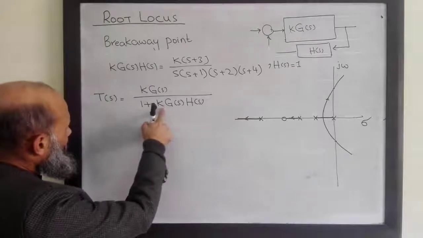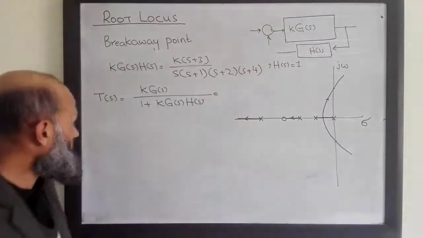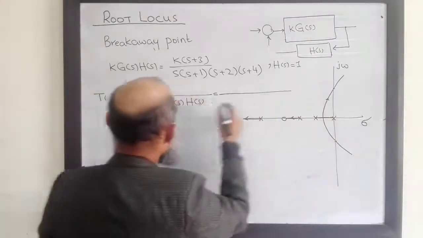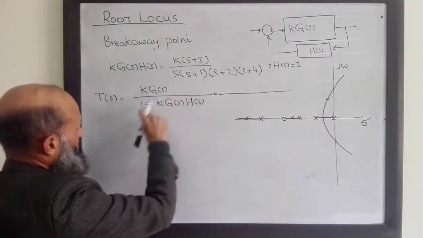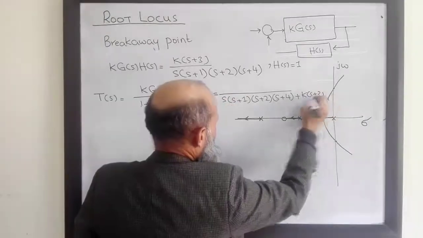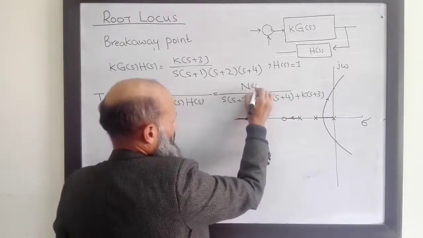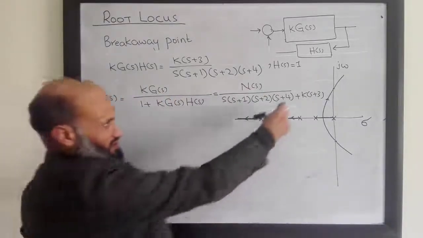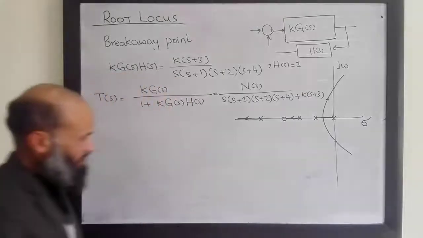So what is this thing? If I substitute it over here, then this denominator will be multiplied over here and something in the numerator. And we want to determine this gain which corresponds to this point.